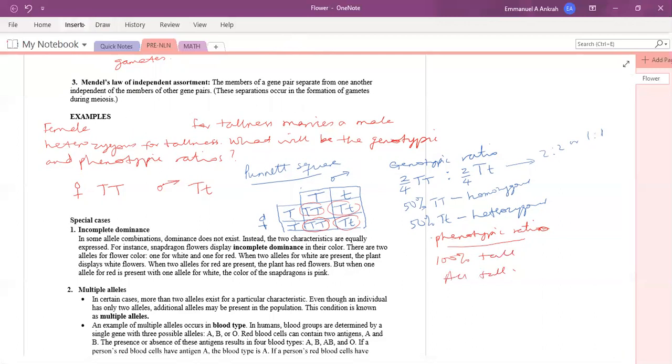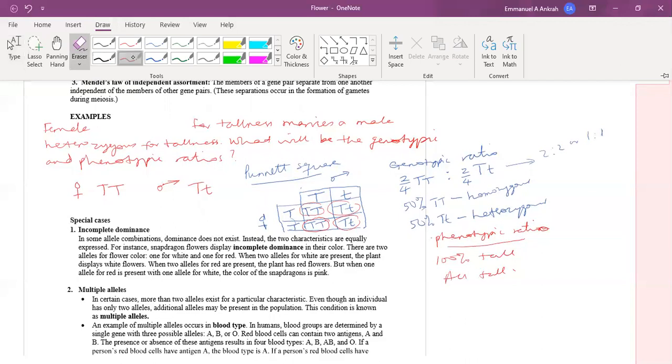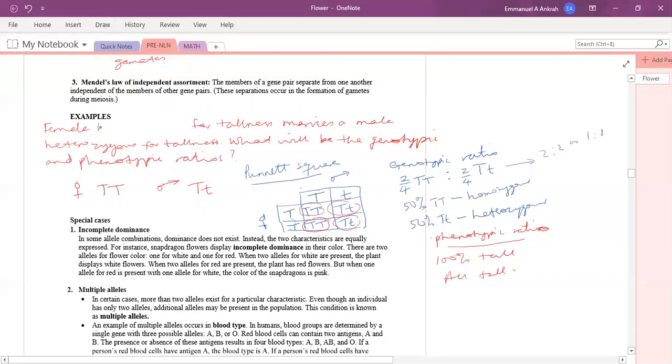So let's say they have a heterozygous individual for tallness, and then marries a heterozygous male. Okay, so let's see what's going to happen here. So we use the Punnett Square again.